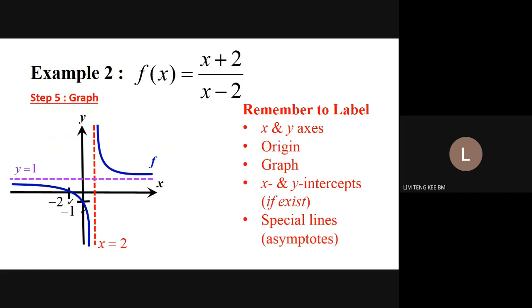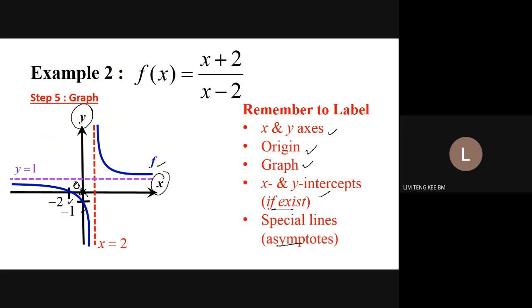And once again, a reminder of things you need to take note of. Make sure you label the x and y axes. Label the origin. Here I cannot label it clearly. If you have a situation like mine where you cannot place the label, you can ignore it, but if you want to place it, find a place to put it, for example like this. Then label the graph, which is the function f. Label the y and x intercepts, if they exist.